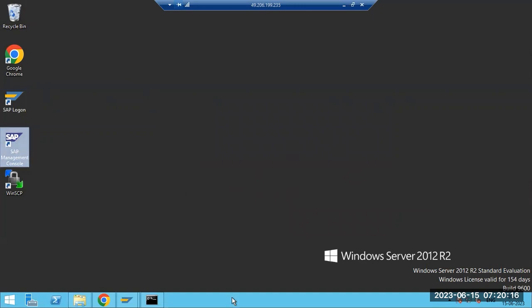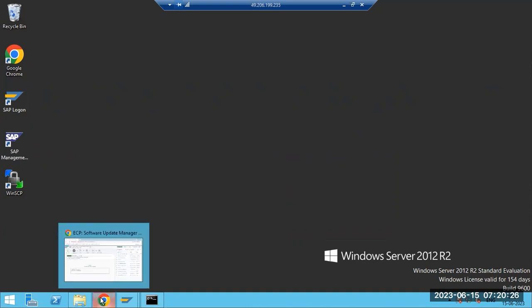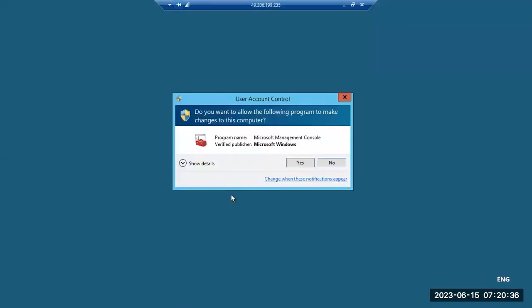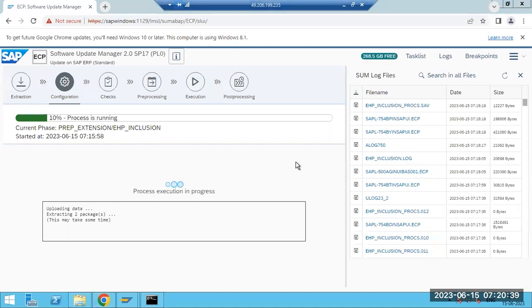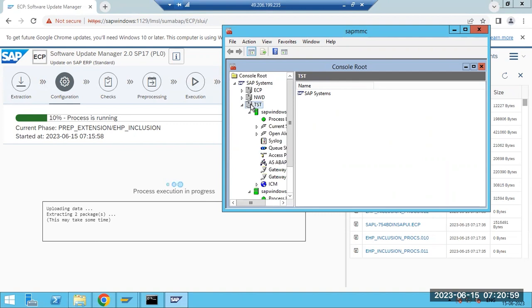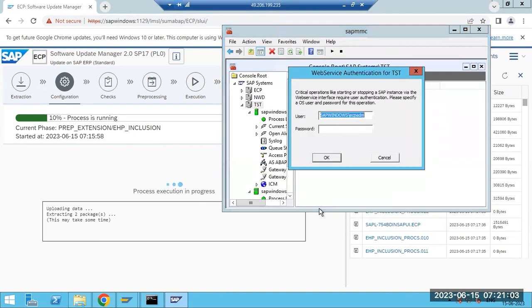Maybe we'll stop the TST system temporarily, because it will release some free memory.